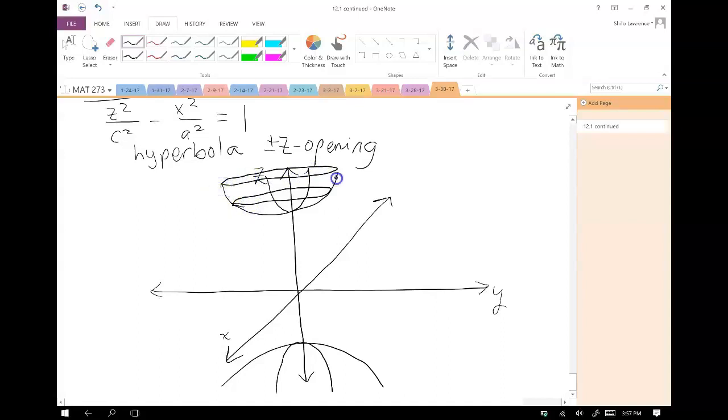So we see this is called a hyperboloid of two sheets because our traces are again ellipses and hyperbolas, but because both of those sets of hyperbolas are opening in the z direction, they don't end up connecting and we end up with two completely separate surfaces. So it's a hyperboloid of two sheets.